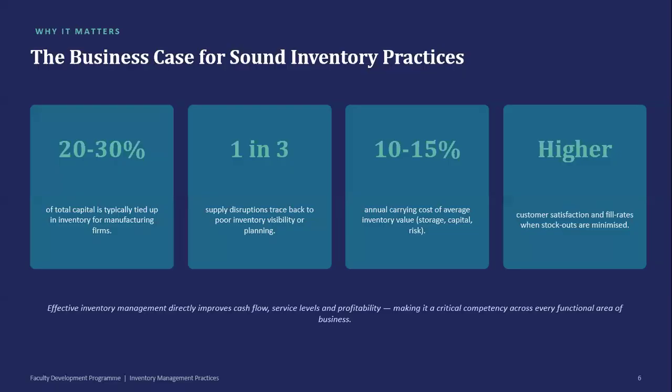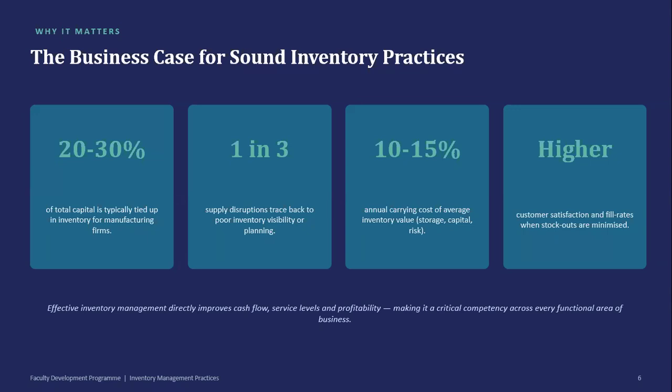Next, we will go through why inventory management is very important for every organization. Inventory represents one of the largest investments in manufacturing organizations. Typically, 20 to 30% of the total business capital is invested in inventory.